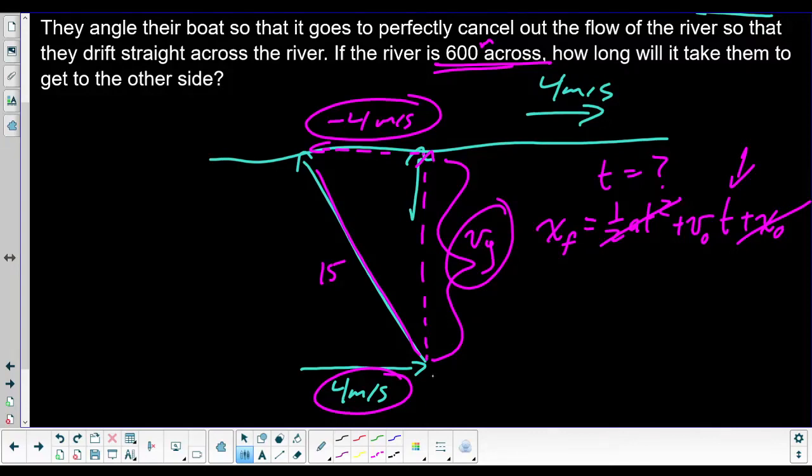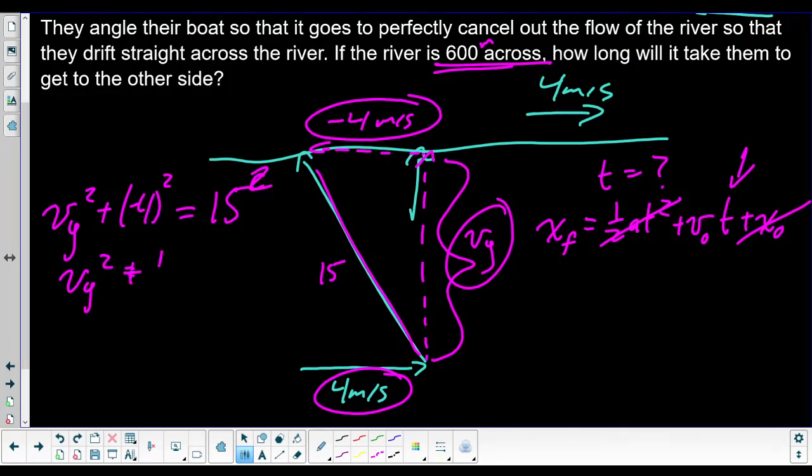So let's use our Pythagorean theorem. Our hypotenuse, c squared, is 15 squared, equals vy squared plus negative 4 squared. So the square will get rid of the negative and everything will work out in the end. So vy squared plus 16 equals 225. Subtract the 16.